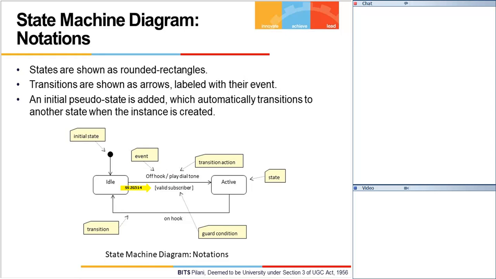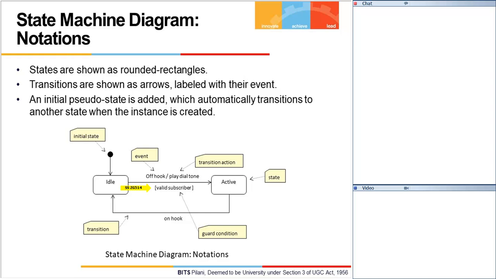This guard condition specifies that this transition will occur only if the guard condition is true. Okay, I repeat, the guard condition specifies a condition, and only if this condition is true will the transition occur, right?